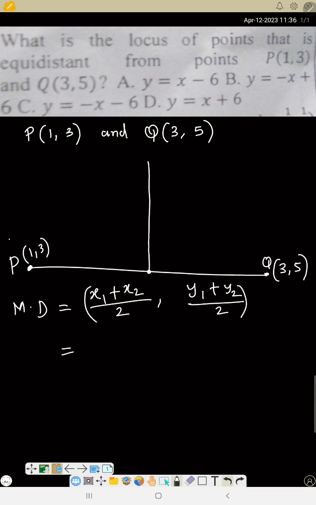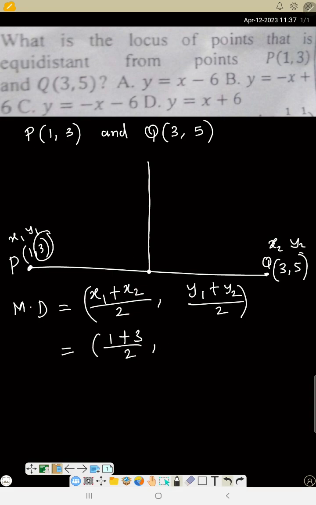According to this point, this is x1, this is y1, this is x2, this is y2. So x1 plus x2 means 1 plus 3, divided by 2.